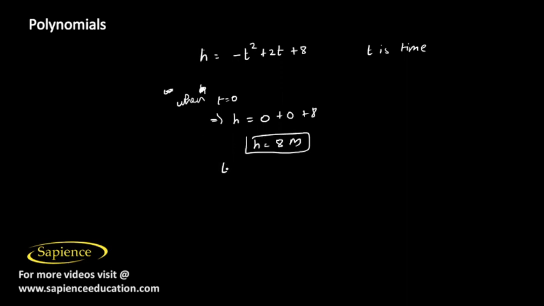Now we can check for t is equal to 1. We are getting height as minus 1 square plus 2 into 1 plus 8, which will be minus 1 plus 2 plus 8, which is equal to 9 meters.